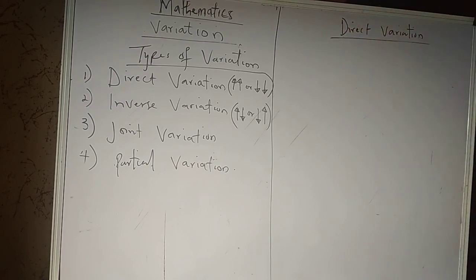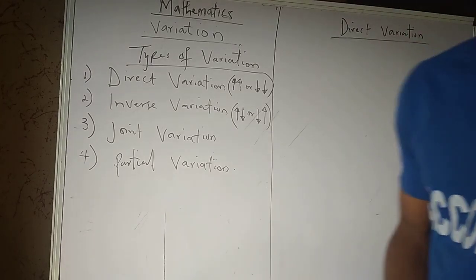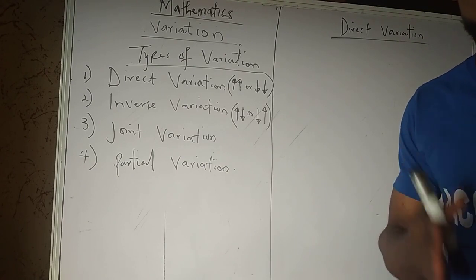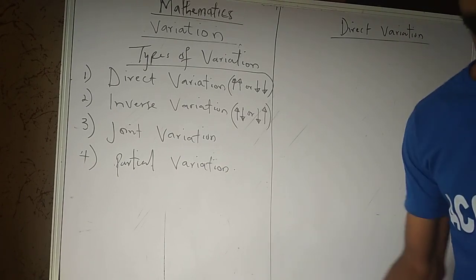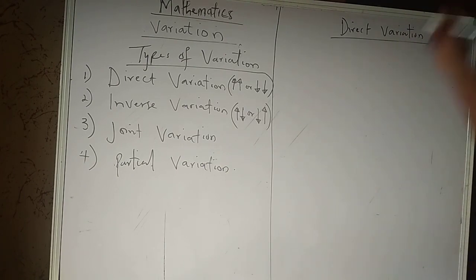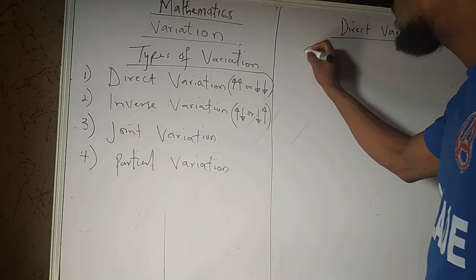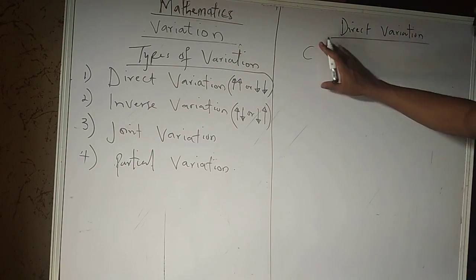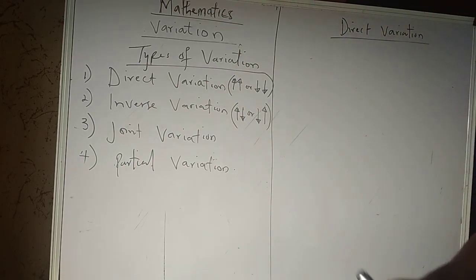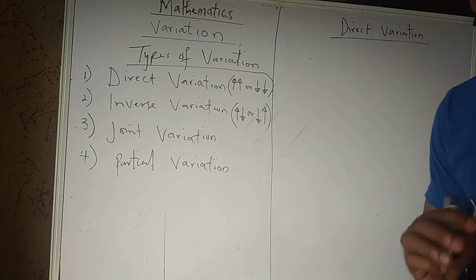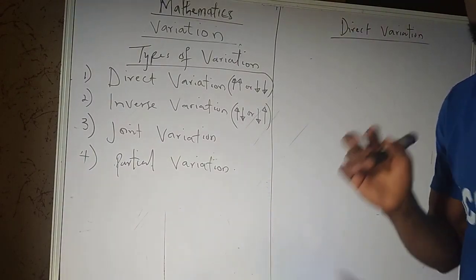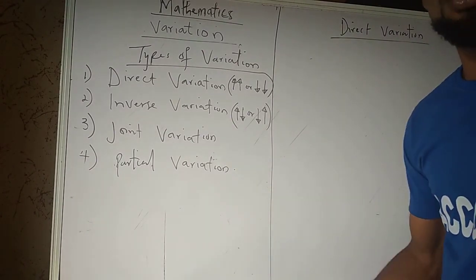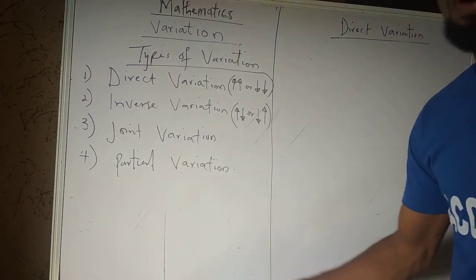Direct variation. In the first example I was talking about, I was relating the cost of a cup of rice and the number of cups that can be bought. We consider speed and the distance that can be covered. So the more speed that you use, the more distance you will cover, right?